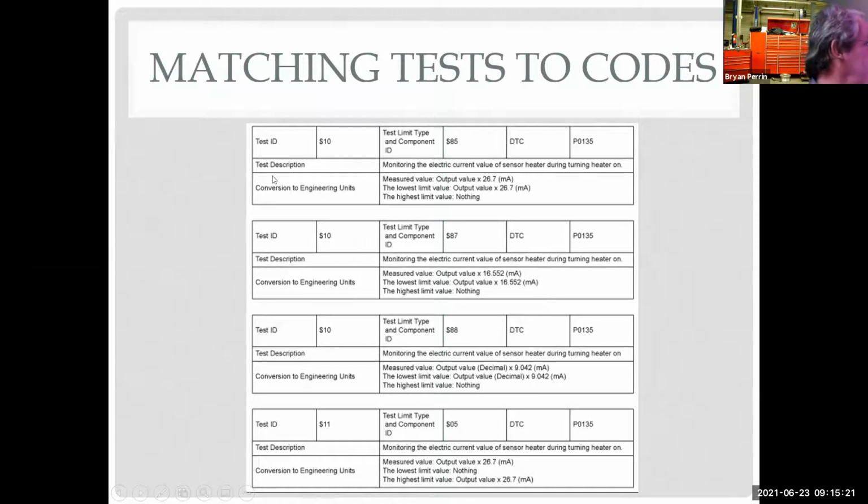If I look here, it gives me the test description: it matches the electrical current of the sensor heater when the heater is on. My measured value is the output value times 26.7 milliamps. My lowest limit is output value times 26.7 milliamps. And my highest is nothing.